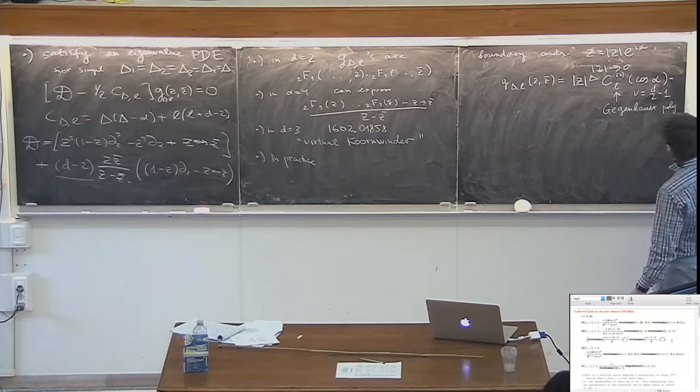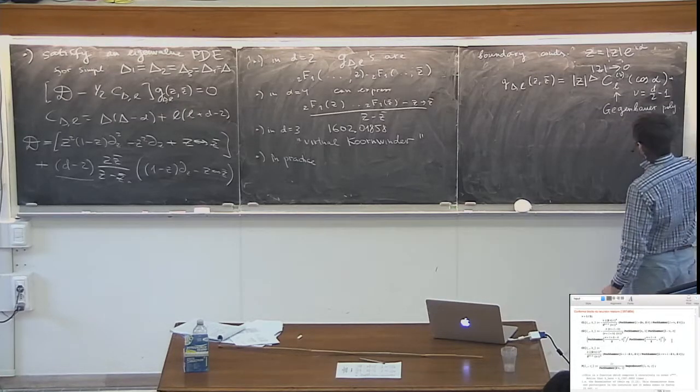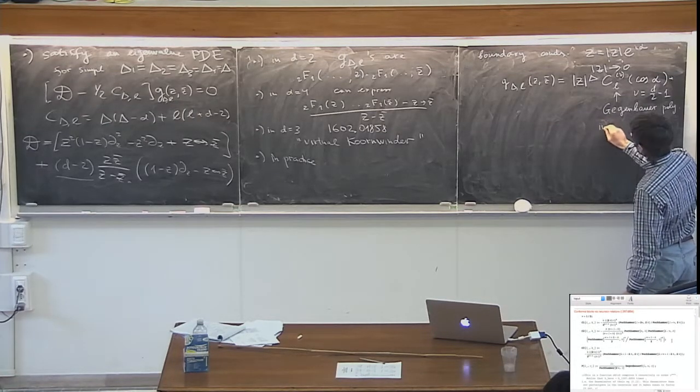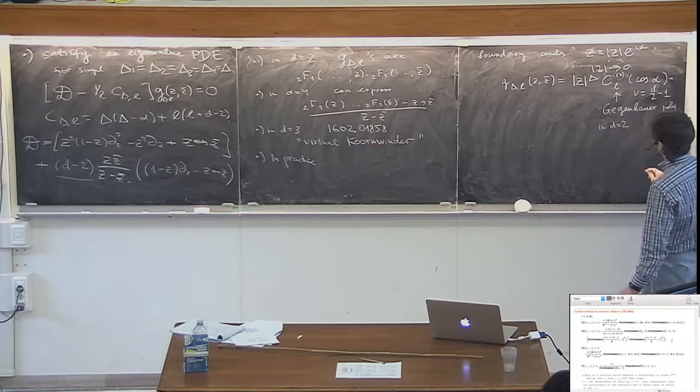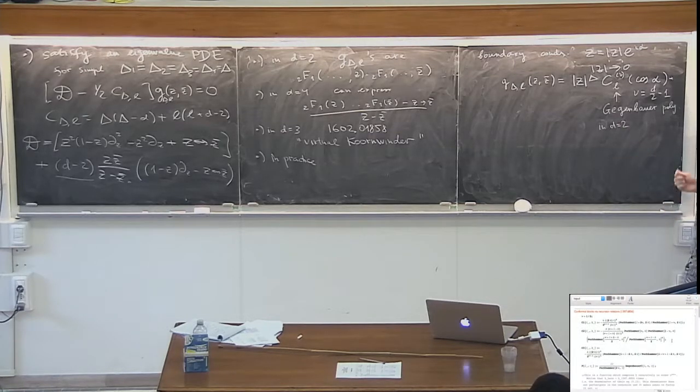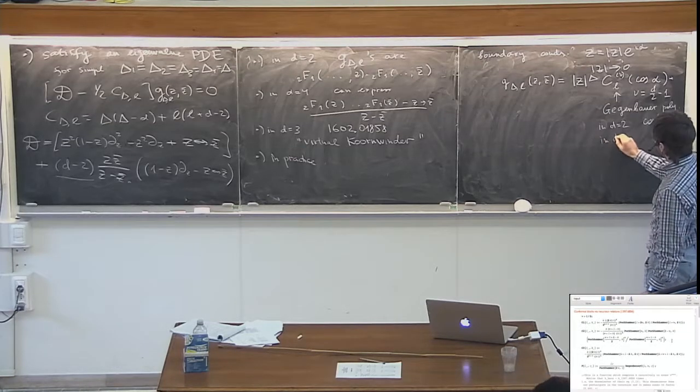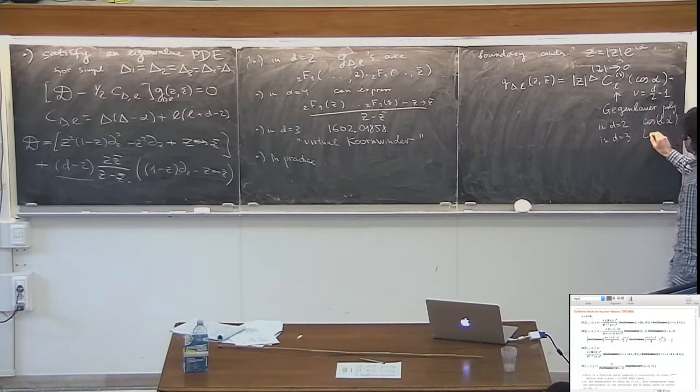So in d equal 2, these are just usual cosines of L alpha, just trigonometric harmonics. And in d equal 3, these are Legendre polynomials. And in general d, these are Gegenbauer polynomials.